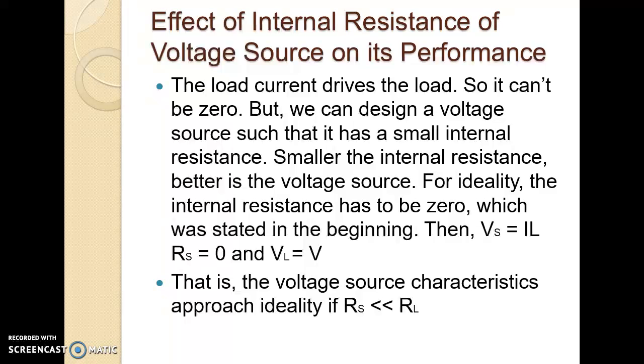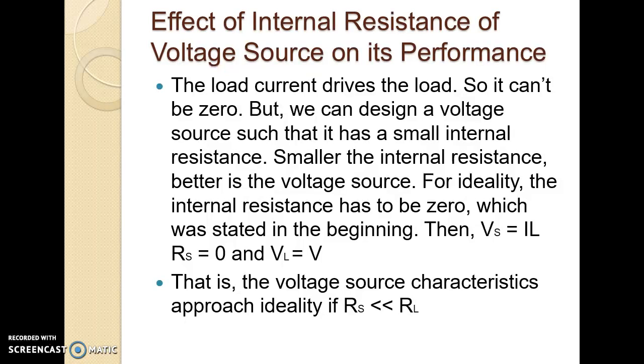But we can design a voltage source such that it has a small internal resistance. The smaller the internal resistance, the better the voltage source. A well-designed voltage source has a very small internal resistance approaching 0, often less than 1 ohm. For ideality, the internal resistance has to be 0, which was stated in the beginning.